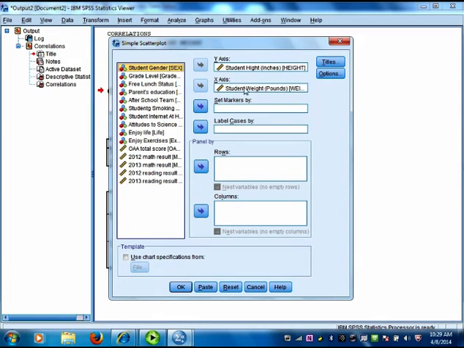Usually if we specify this way, that indicates student height is a dependent variable and student weight is an independent variable. In another word, we're using weight as a significant predictor of how tall you are. So we can say your weight is a predictor of your height.